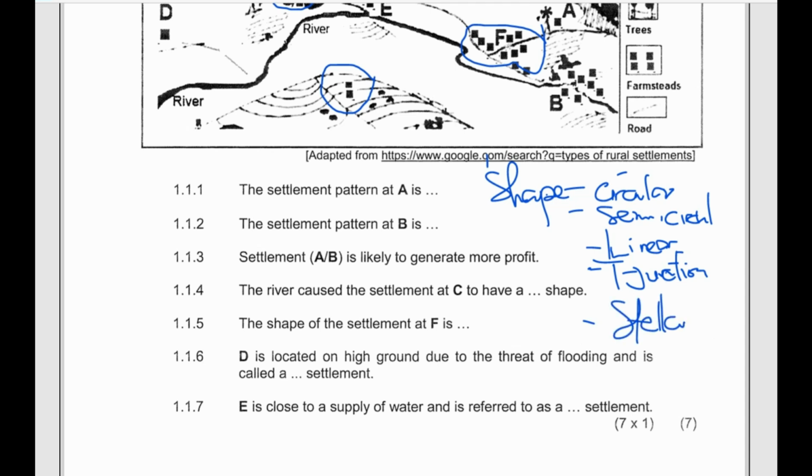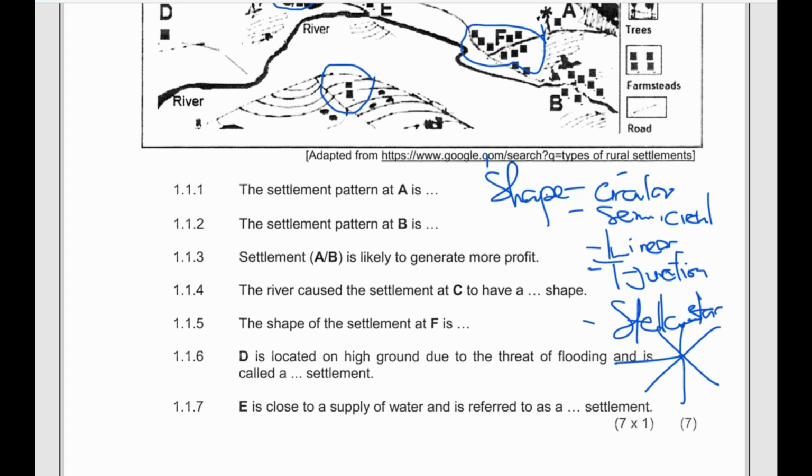When we're talking of a stellar here, this word is derived from the star, where we have maybe some intersections of transport routes, and then we have settlements developing and radiating along such routes. That gives us a stellar shape. So basically, those are the shapes that we talk about.